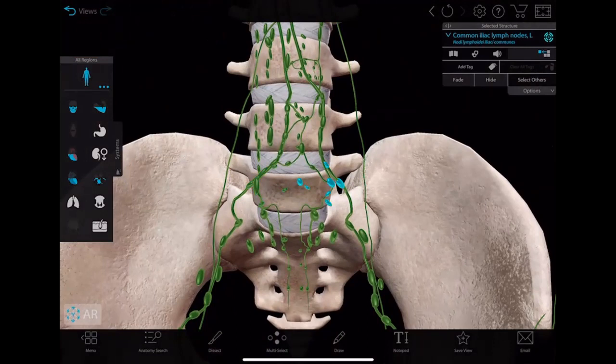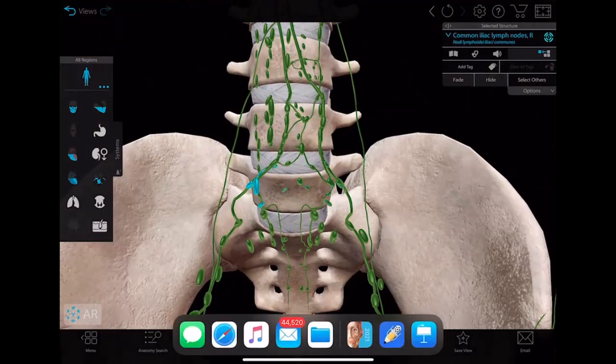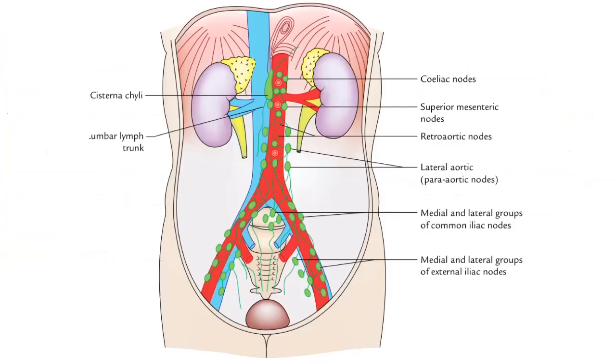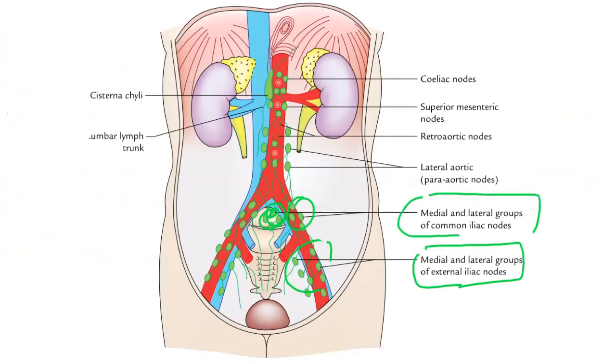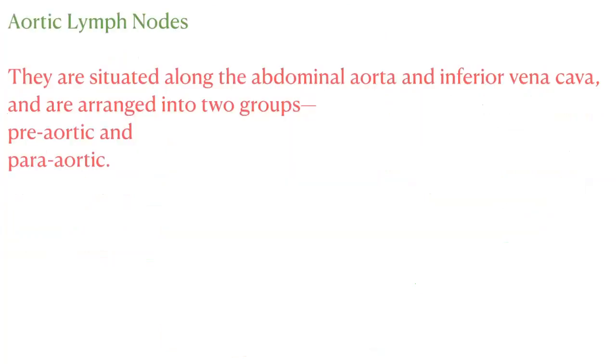These are the common iliac lymph nodes. And these are the external iliac lymph nodes. And these are the common iliac lymph nodes.